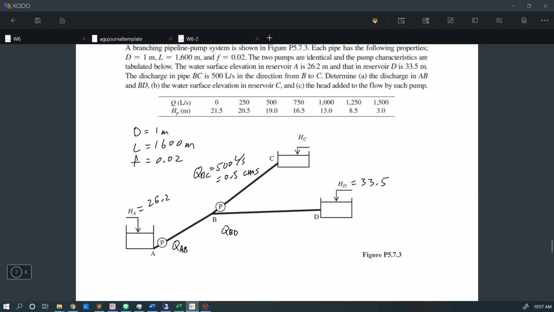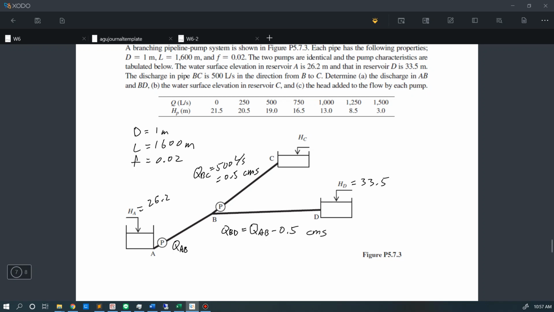However, we can use the mass balance equation to translate this QBD into the presentation of QAB, which is equal to QAB minus 0.5 cms.